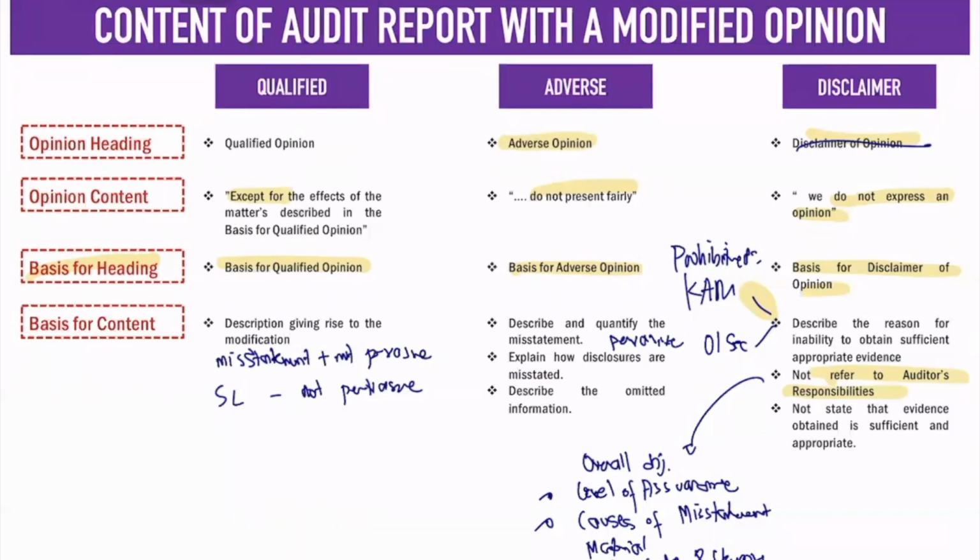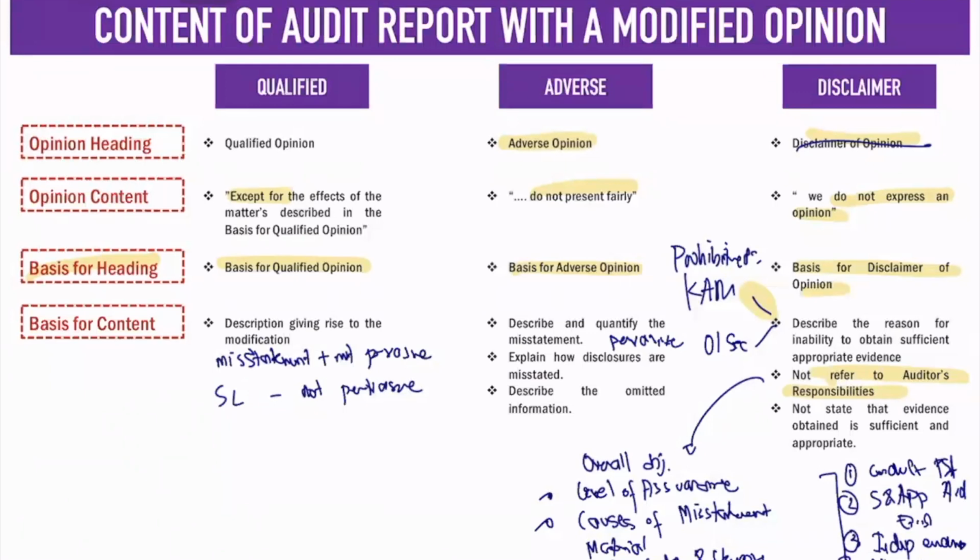Therefore, what should be placed now under audit responsibility for a disclaimer of opinion? First, only that the audit was conducted using the PSA. Second, you did not get sufficient and appropriate audit evidence. Third, you just provide an indication of independence and your continuing compliance with ethical responsibilities.